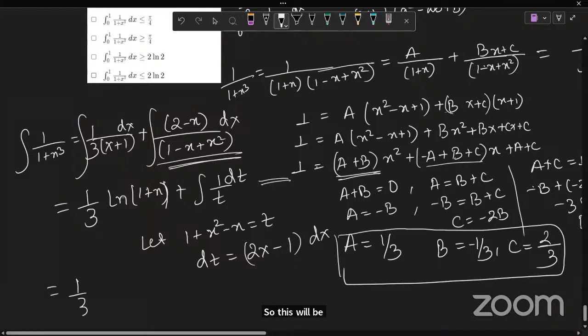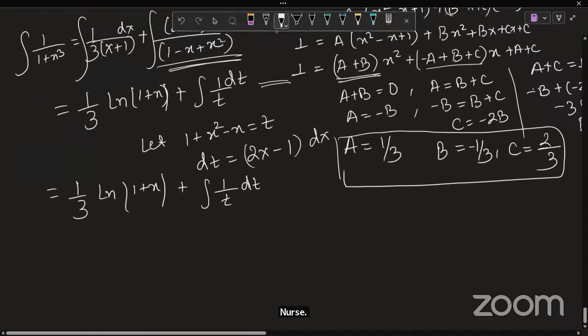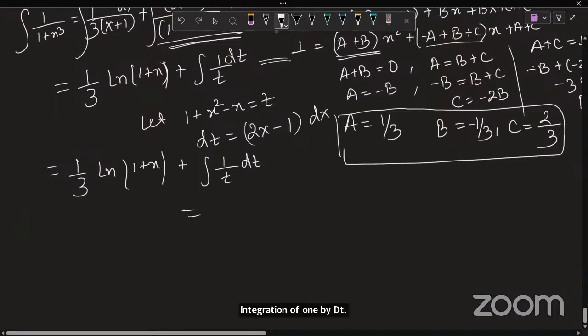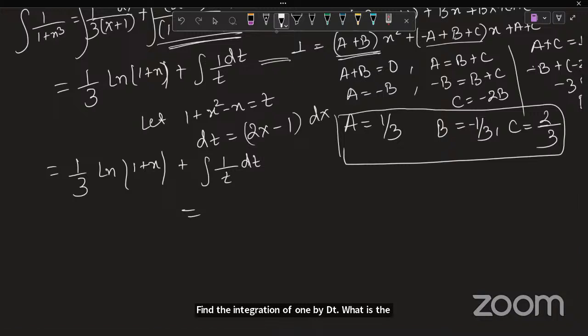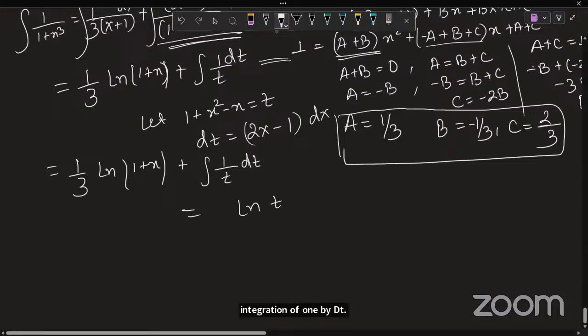So 1 by 3 ln 1 plus x plus the integration of 1 by t dt. Now find the integration of 1 by t dt. What is the integration of 1 by t dt? ln t, right?